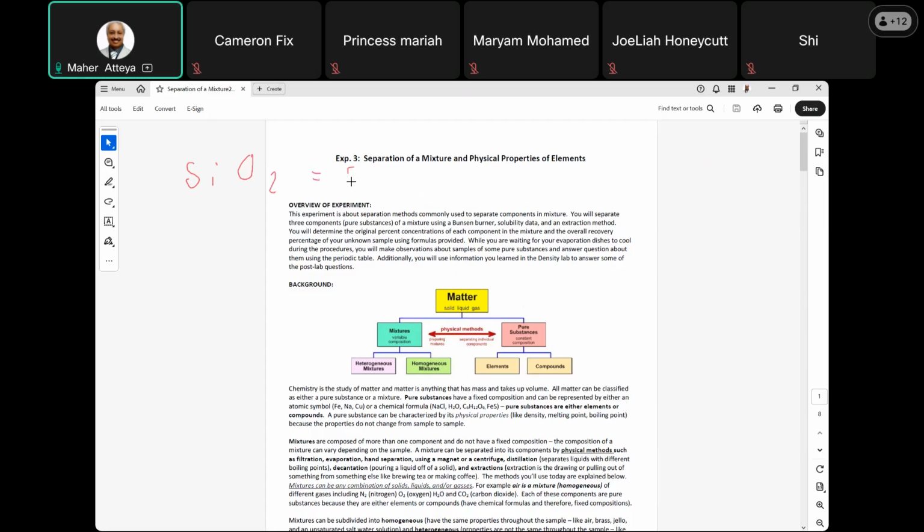That's the sand. And the formula for ammonium chloride in this heterogeneous mixture is NH4Cl, called ammonium chloride.